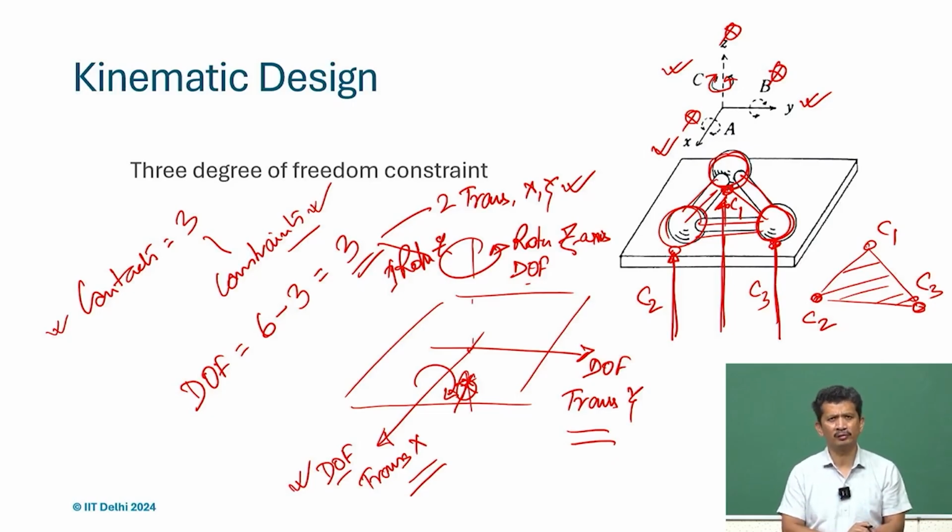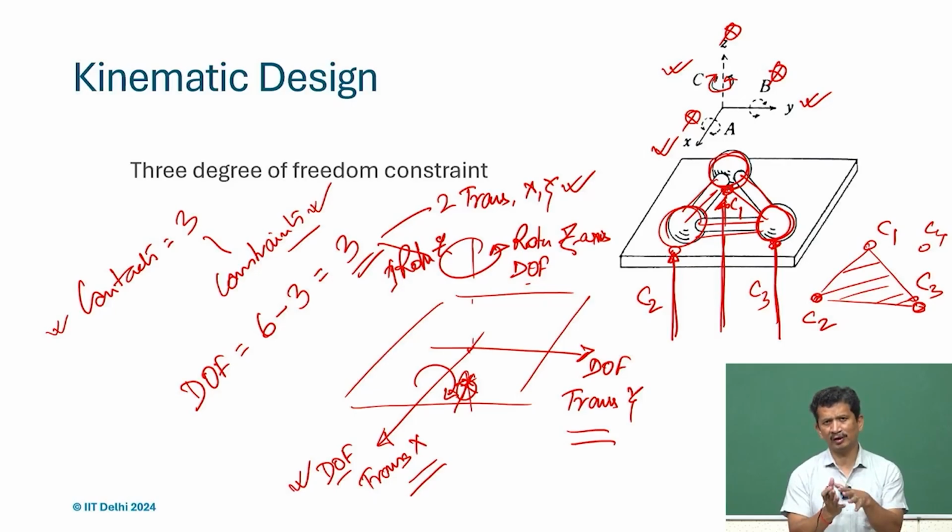The moment we have 4, we have trouble. C4, how to make that contact? I can put another ball, but then I have to make that C4 point lie on the same plane, which means added constraint or added tolerances to the component, which means higher cost.